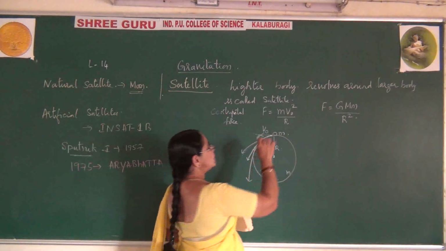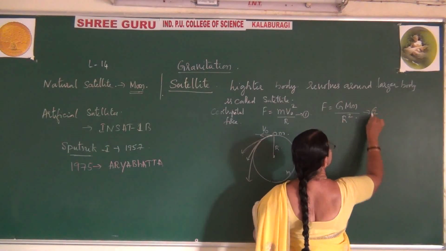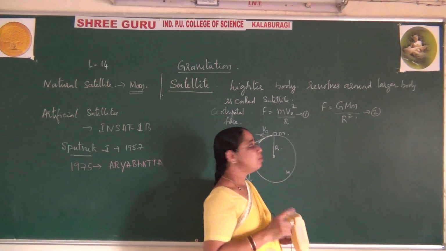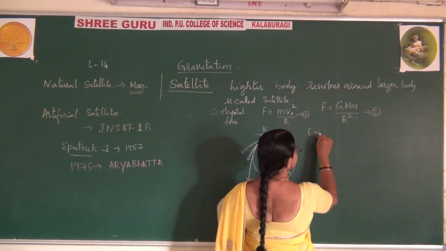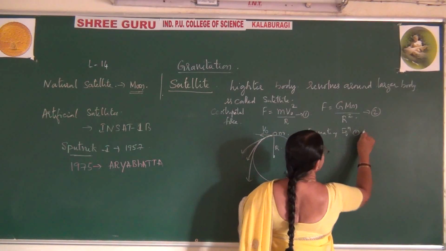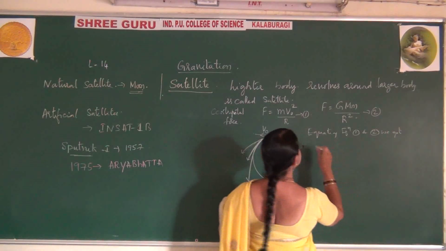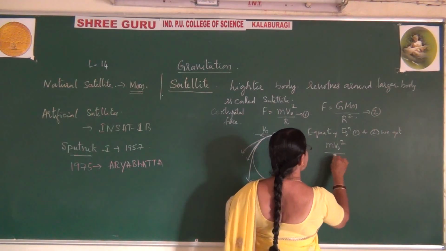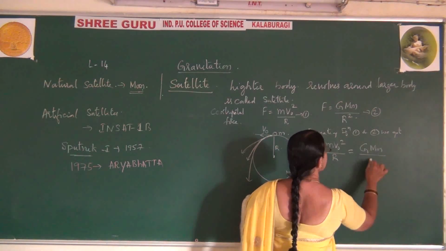Now, this is equation 1, this is equation 2. The two forces have different expressions, but both are equal now. Equating equations 1 and 2, what happens? I rewrite m v0 square by r is equal to capital G capital M by r square.